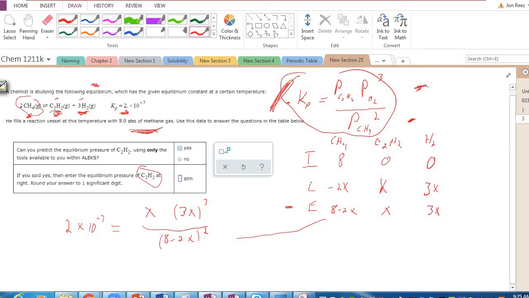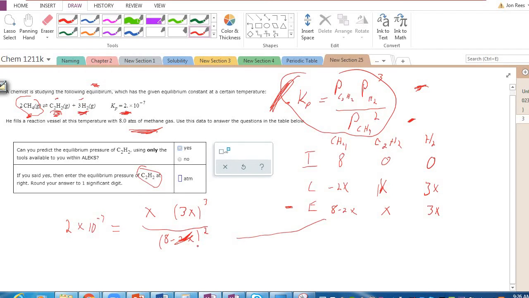Because K sub P is so low, this change x is going to be quite small, relatively speaking. Anything where I add or subtract x, because x is so small, is going to have almost no difference on the original amount. So I can just ignore any subtraction or addition of the terms that have x associated with it.